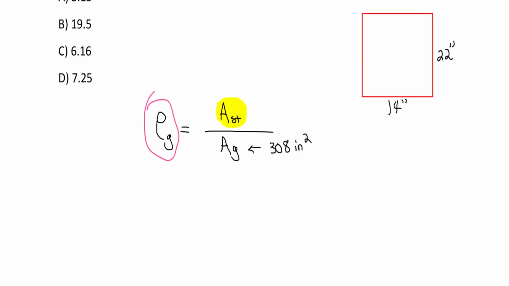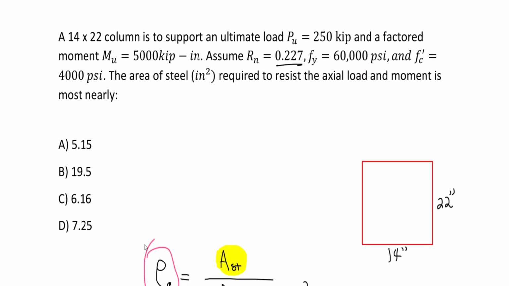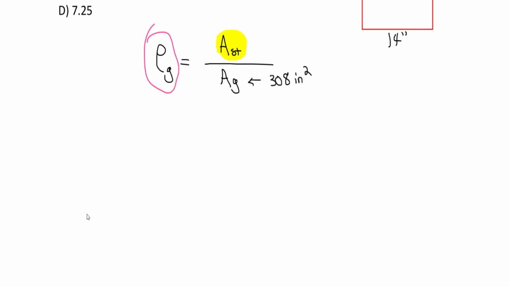In the diagram, for the y-axis we have K sub n, and for the x-axis we have R sub n. K sub n is denoted for the axial force, and R sub n takes care of the moment. So we need K sub n, because R sub n is given, which is nice, as 0.227.